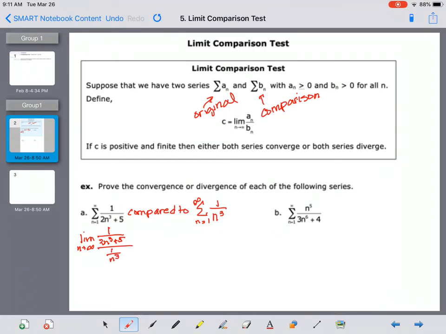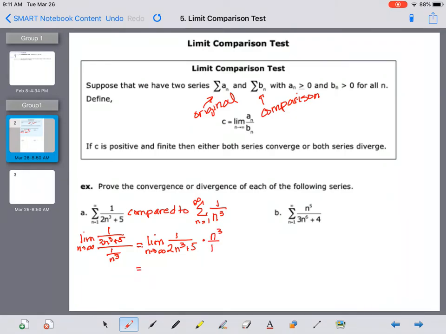Okay, so we get a fraction divided by a fraction, which often we will in this case. So first thing we want to do is get rid of that situation and rewrite it as our first series times the reciprocal of our comparison series.